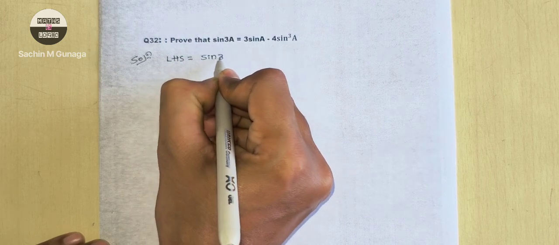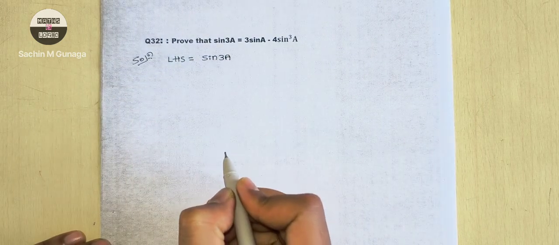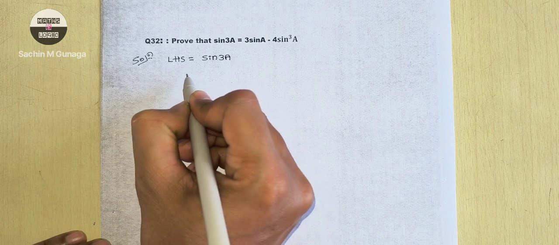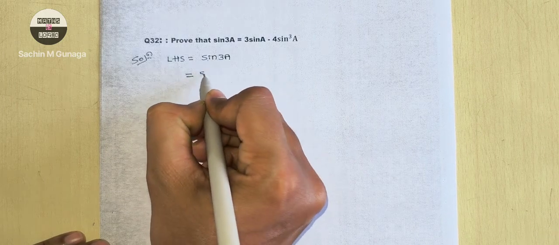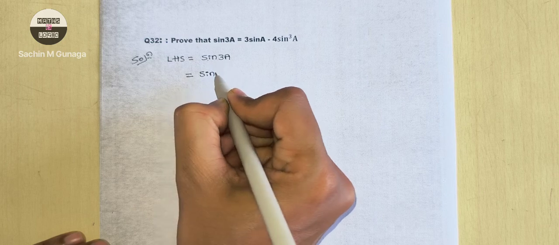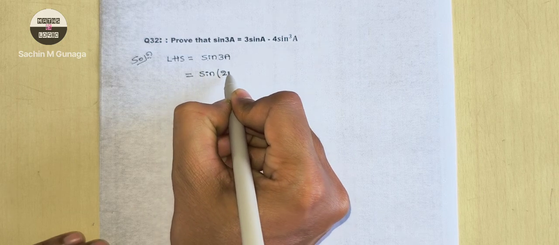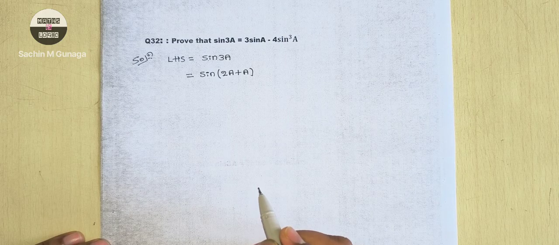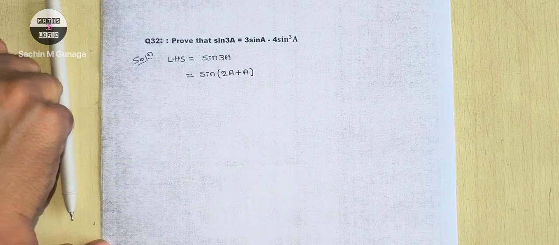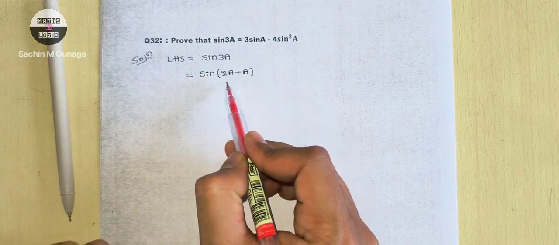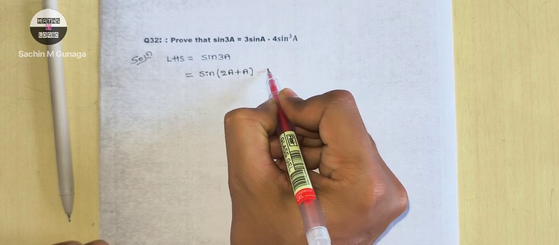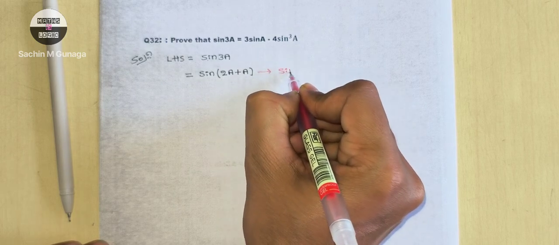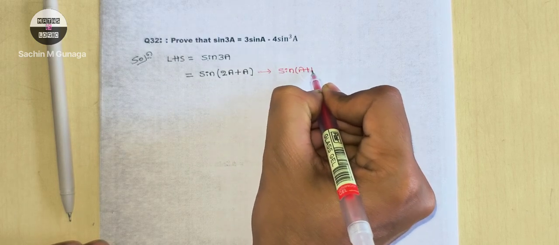So what is the LHS? Sine 3a. Okay. So next step, sine, keep it as it is. Next split this 3a as 2a plus a. So once I split 3a as 2a plus a, this looks like sine of a plus b.